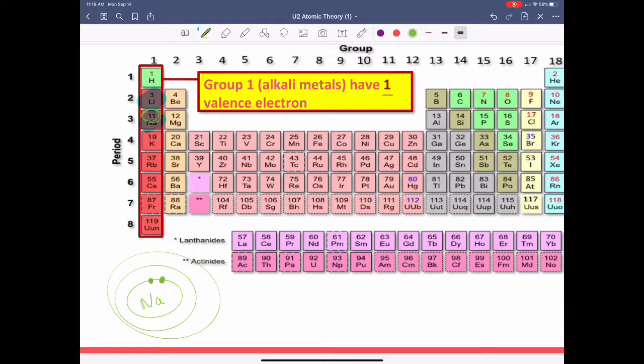I've got 1, 2, 3, 4, 5, 6, 7, 8, 9, 10. That shell's full, so I need to go to the next one, 11. So again, my outermost circle is right here, and I have 1 valence electron on that.